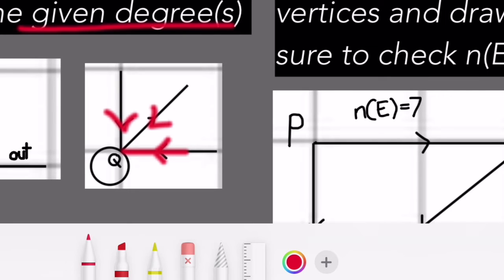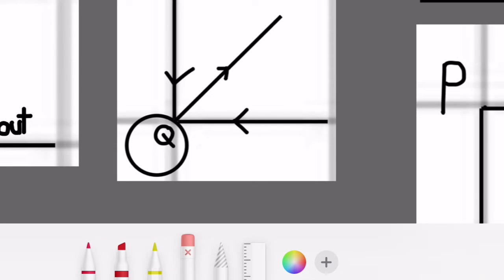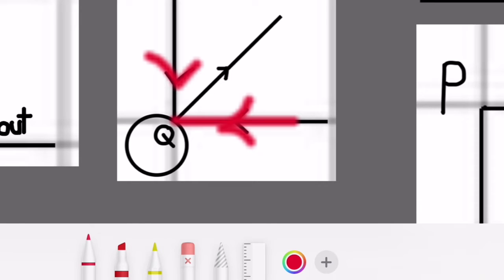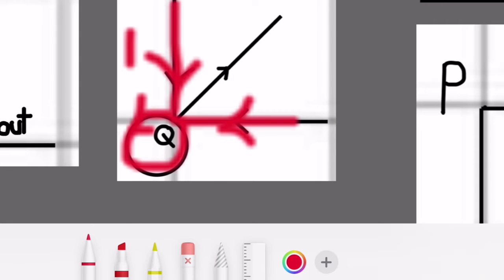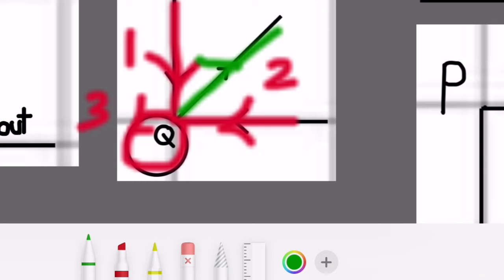For the loops, we have in 3: 1, 2, 3, and then for out we have 1 here, 1 there.